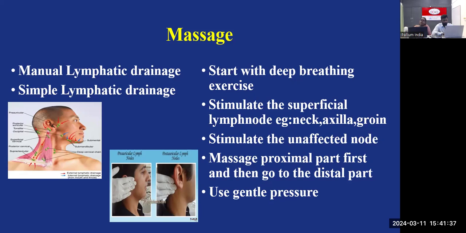After the deep breathing exercise, you have to stimulate the superficial lymph nodes. Superficial lymph nodes means you can stimulate the neck nodes, the axillary nodes, the supraclavicular nodes, and the submandibular nodes. You are able to feel them and give a massage directly, and the groin also.